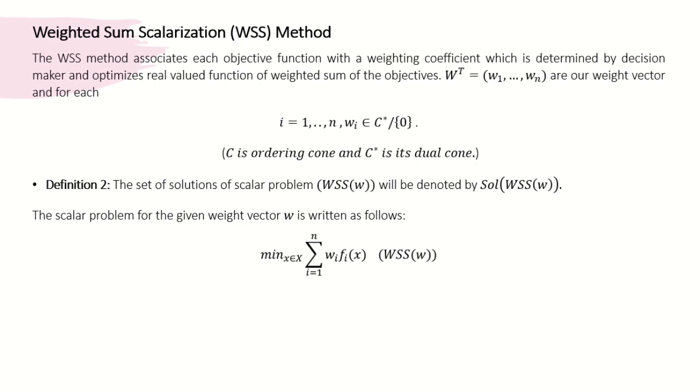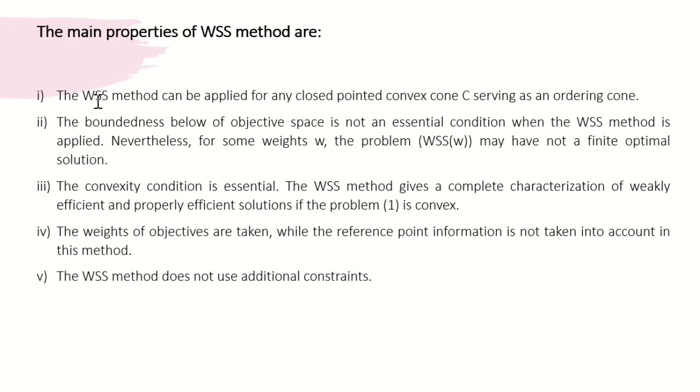The most important features of the weighted sum scalarization method can be described here. The first one is that this method can be applied to any closed pointed convex cone C, and the other one is that boundedness from below for our objective space is not an essential condition for our problem, although it can be possible that we may not have a final optimal solution for some weights.